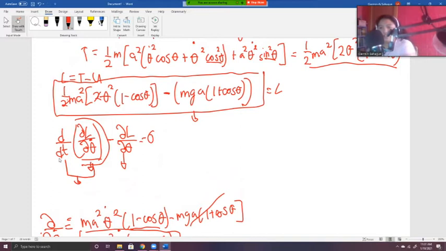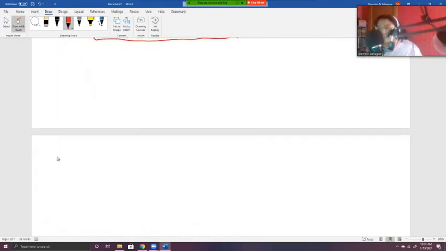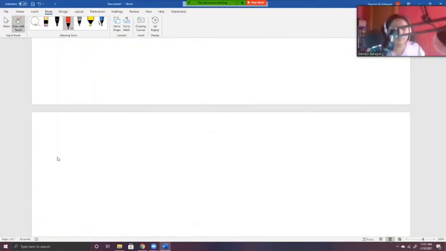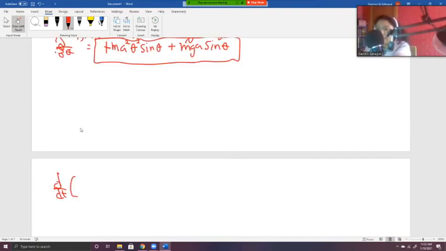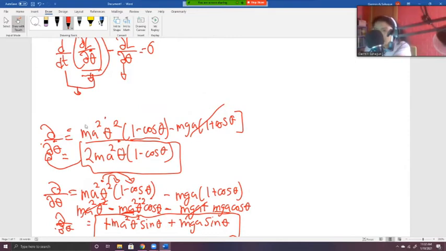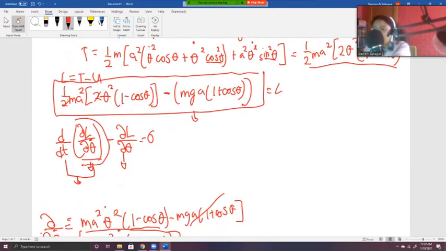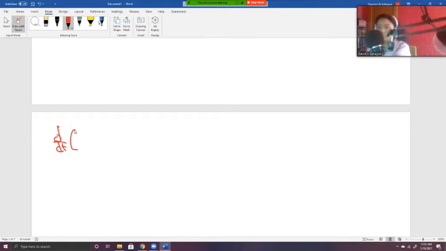So, this is our final answer here. Now that we have this and this, we can add them together to get the derivative with respect to time. So, this would become d/dt, add both of them, this one and this one, in this equation.